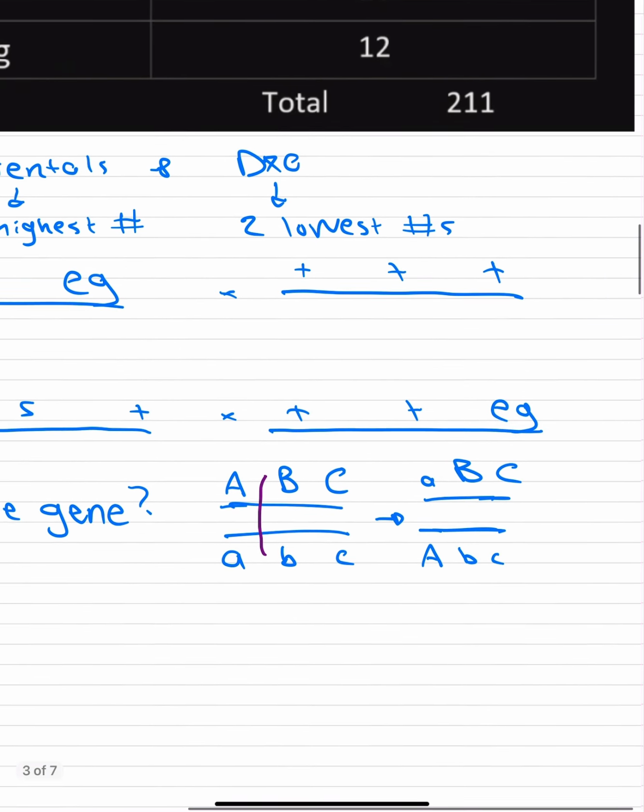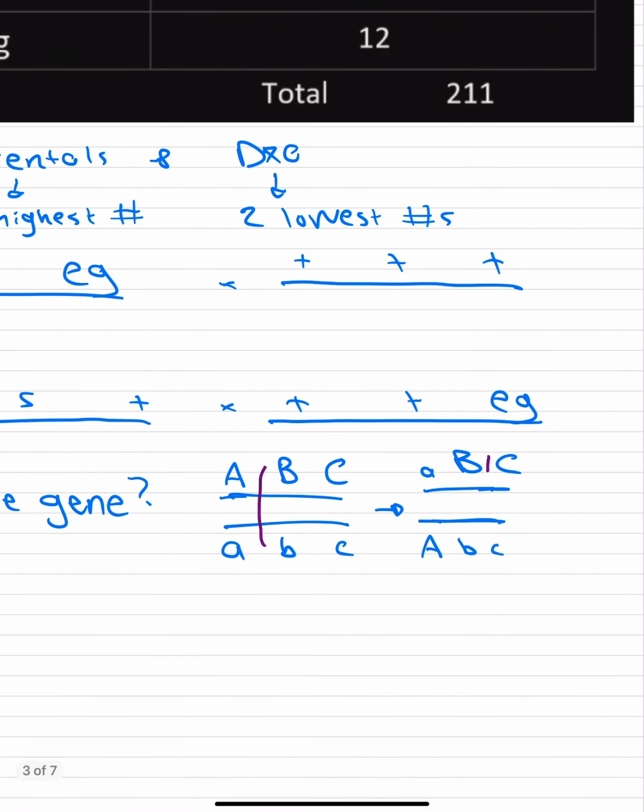Now if we were to have another crossover occur between C and C, that would ultimately result in us having chromosomes that have little a, big B, little c as one of the genotypes, and big A, little b, big C as the other genotype.